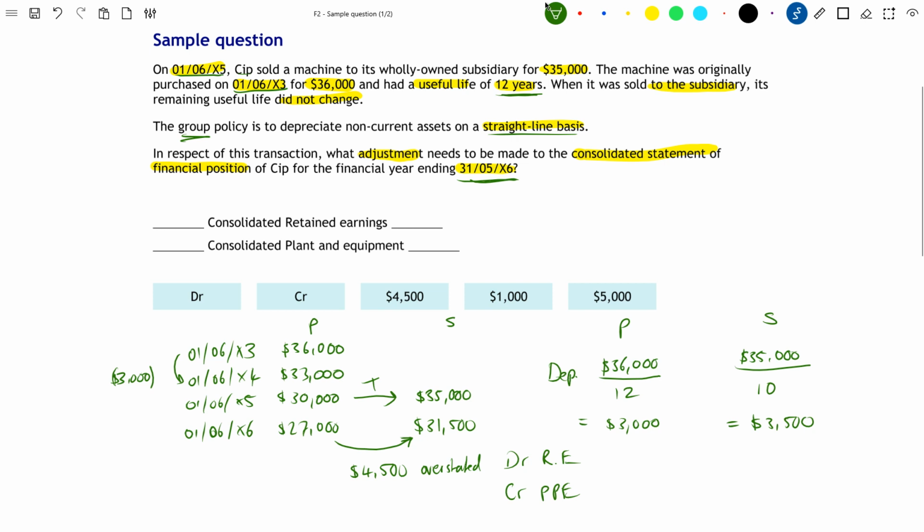So in here, we're going to have debit retained earnings, credit consolidated plant and equipment. That's those two dealt with. And the amount is $4,500. Dollars, not pounds. Okay, and so that's how you would answer a question like this in the exam.